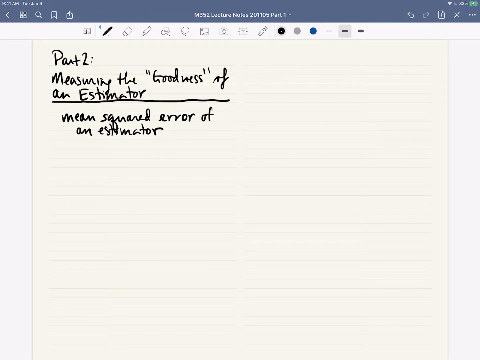And we want that error to be as small as possible. So if you have two different estimators of a parameter, the better estimator is the one whose mean squared error is less.